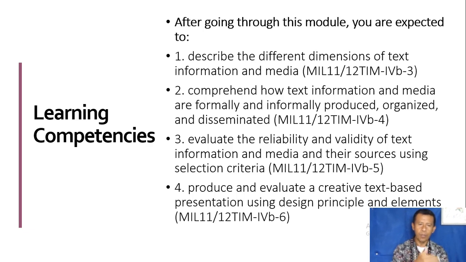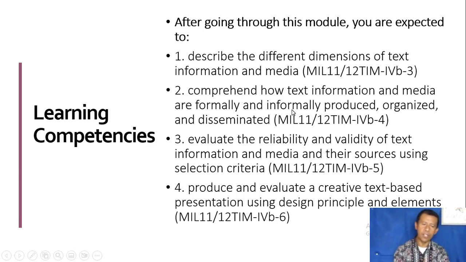After going through this module, you are expected to, number one, describe the different dimensions of text, information and media. Second, comprehend how text, information and media are formally and informally produced, organized and disseminated.